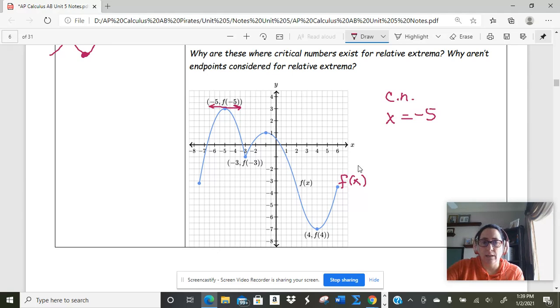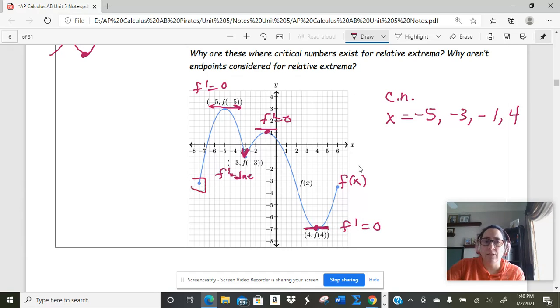When x is -3, that would be a critical number because I am not differentiable. Here I have another critical number at -1 because I have a horizontal tangent.